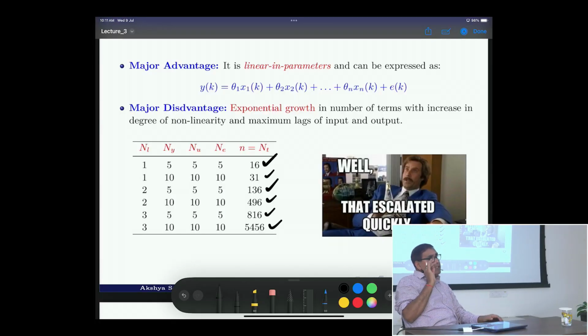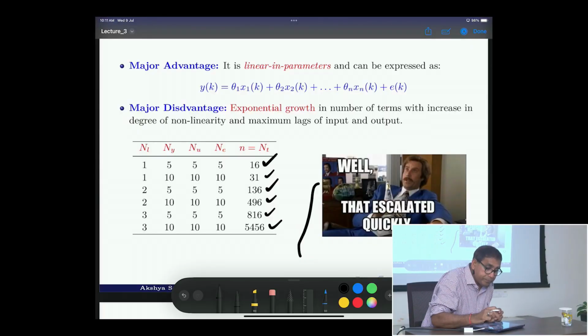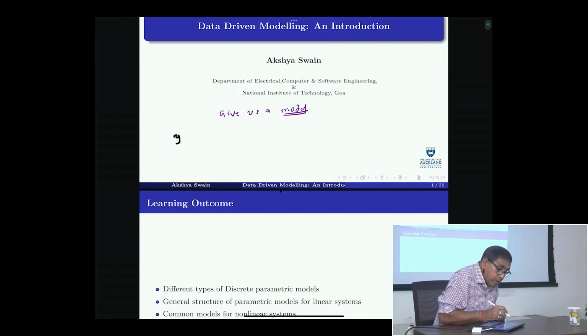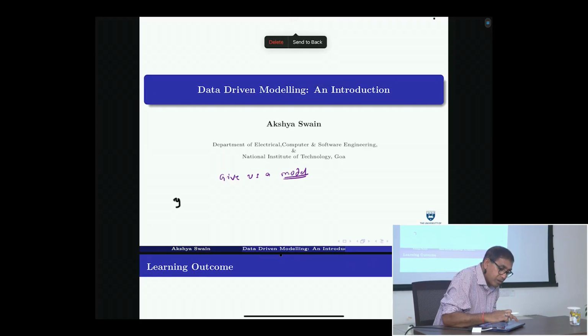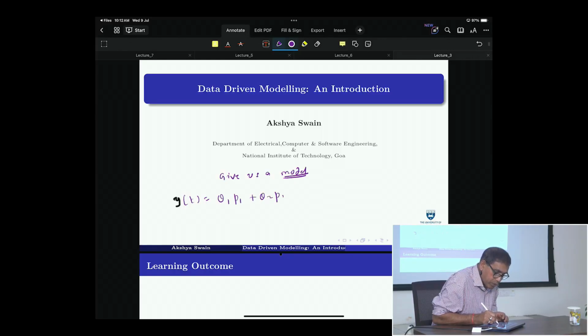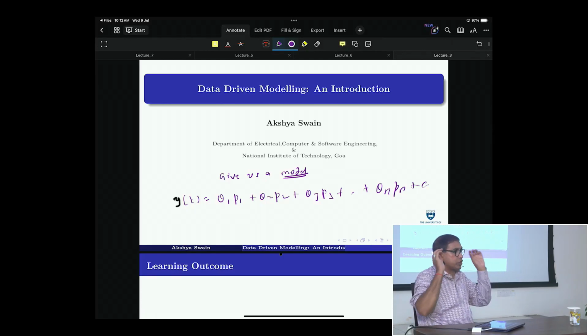So in system identification, there are two things. What are the two things? Now see here, y(t) equal to theta 1 p1, theta 2 p2, theta 3 p3, theta n pn plus epsilon. This is the model structure, right?